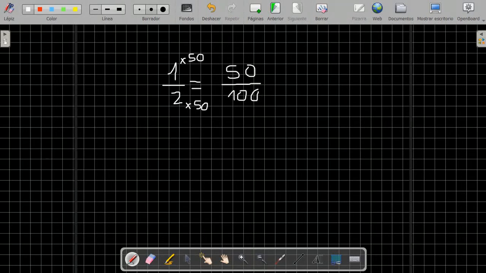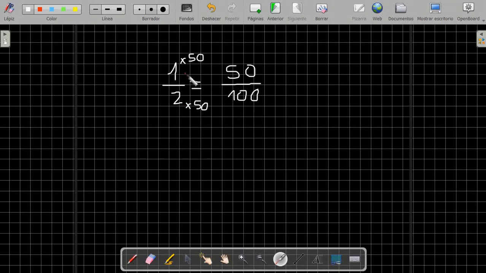So remember, the first step that you must perform is to multiply the denominator by a number in order to get 100, not 50. So in this case, 2 multiplied by 50 will give you 100.